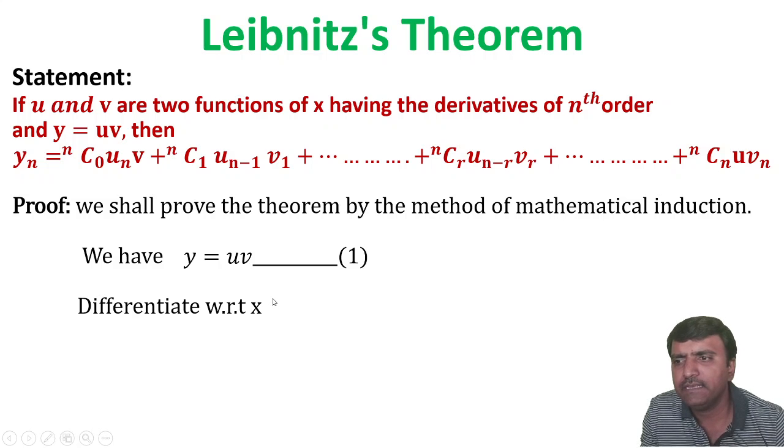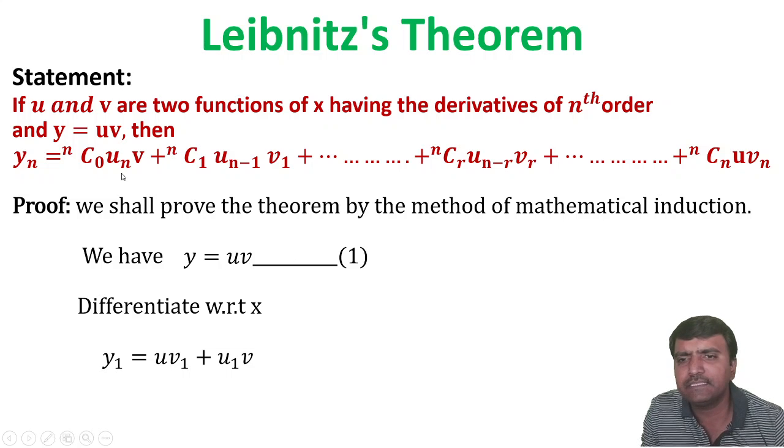So we differentiate y with respect to x using the product rule: u into the differentiation of v, which is v_1, plus the differentiation of u, u_1, into v.